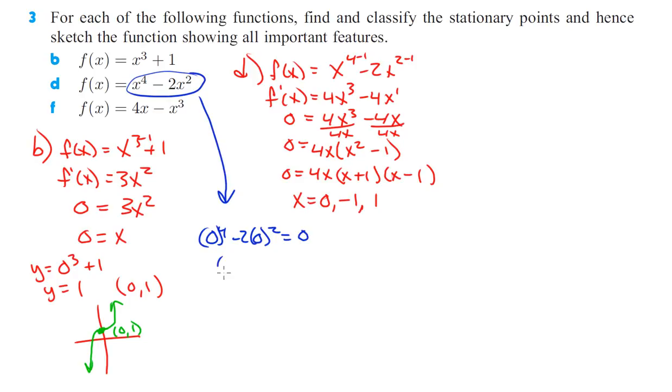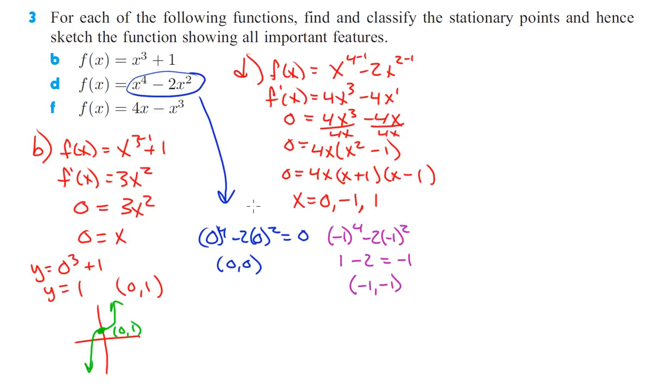So we know we have a stationary point at (0, 0). Another one, let's plug in -1. So -1 to the fourth minus 2 times -1 squared. -1 to the fourth is 1. -1 squared is 1 times -2 is -2. So that gives us -1. So another point is at (-1, -1).